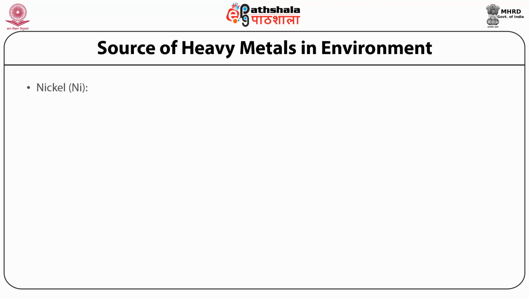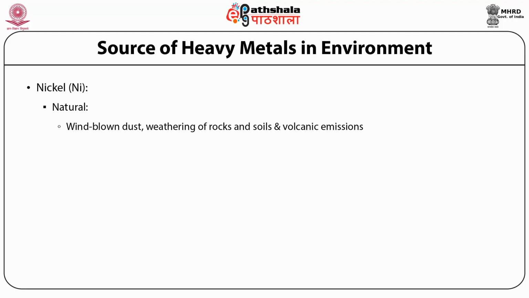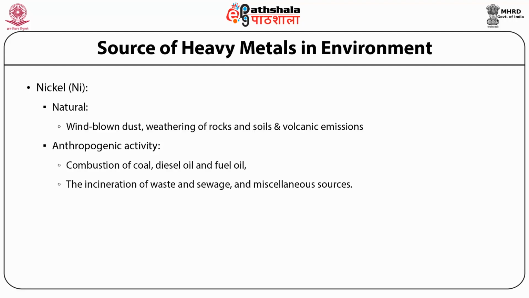The sources of nickel can be wind-blown dust, weathering of rocks and soil, volcanic emissions, forest fires, and vegetation. Anthropogenic activity like combustion of coal, diesel oil, and fuel oil, and incineration of waste and sewage may be some other sources of nickel in the environment.